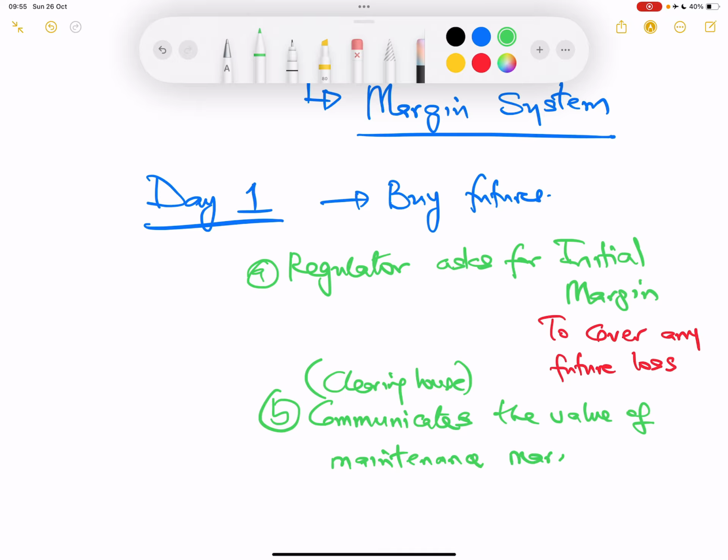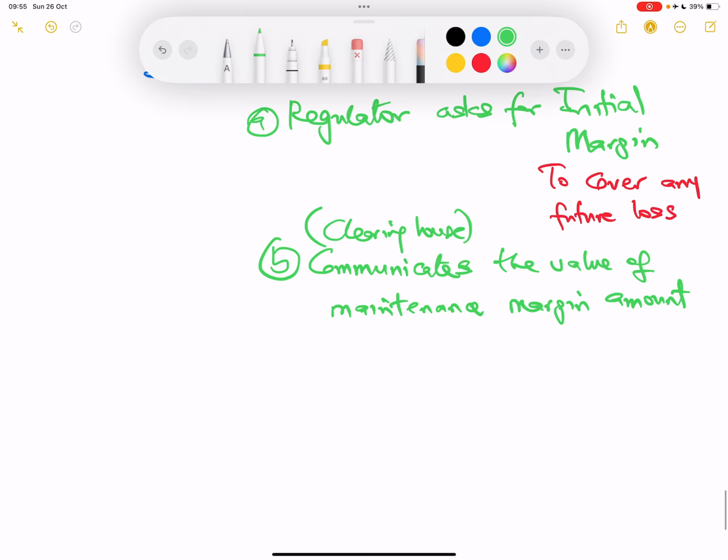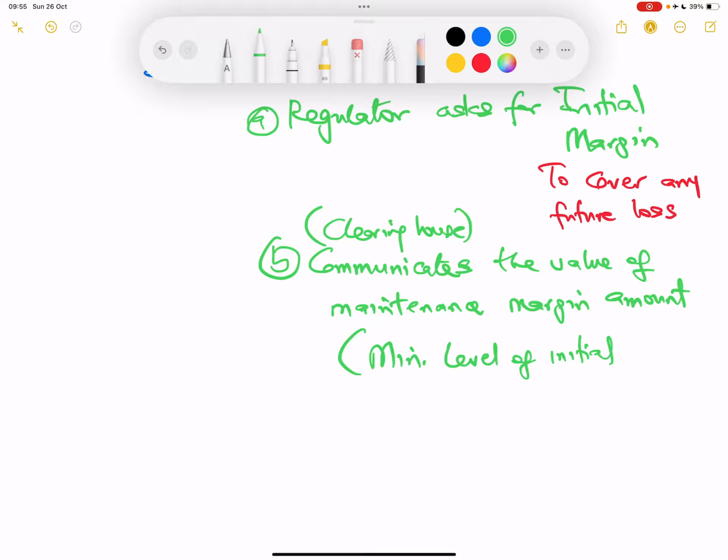This maintenance margin is just like your buffer inventory that you learn in inventory management, which is a minimum level. So this is just a minimum level of your initial margin, sorry, minimum level of your margin balance before you'll be asked to bring more money.